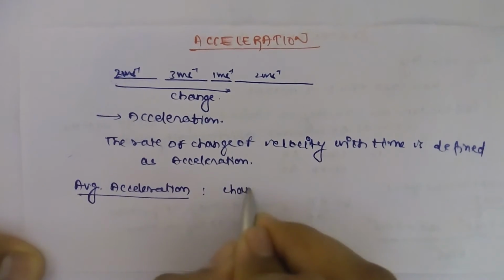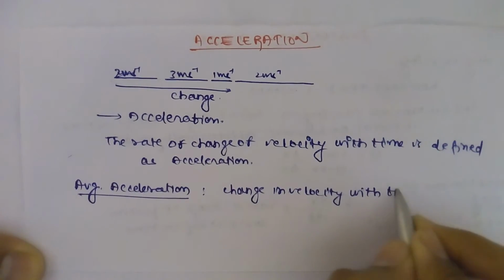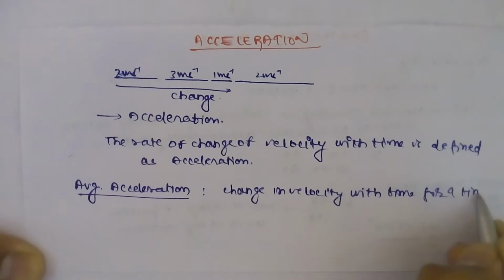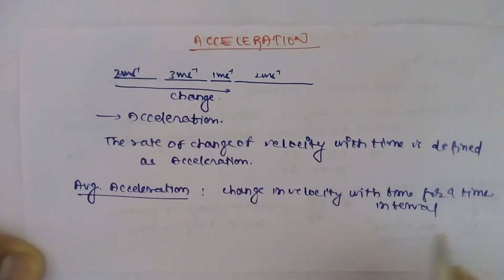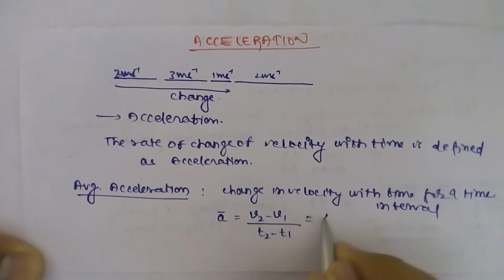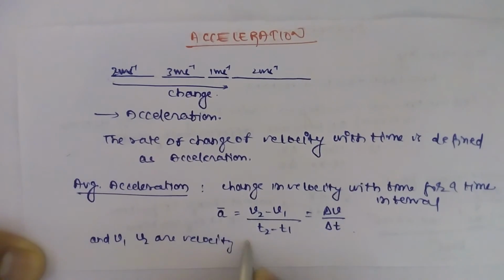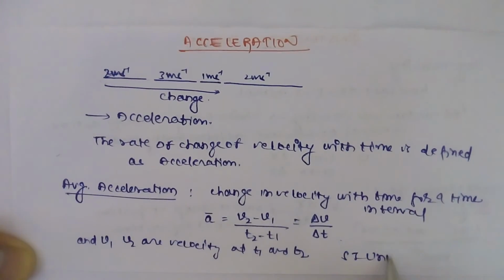This is defined as change in velocity with time for a time interval, written as a bar equals v2 minus v1 upon t2 minus t1, equal to del v upon del t, that is change in time, where v1 and v2 are velocities at times t1 and t2, and the SI unit of this is meter per second square.